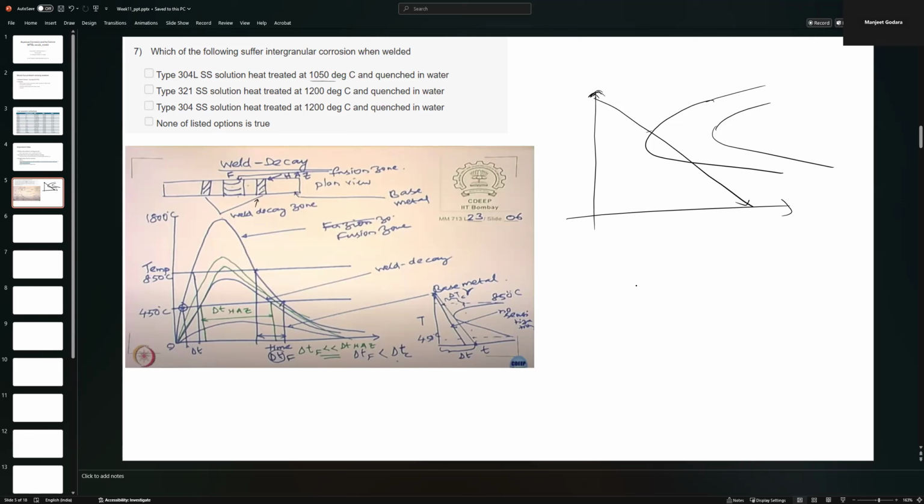If we pass through this zone between 850 and 450 degrees, then at least some amount of carbide would be formed. But in case of low carbon steel, on the TTT diagram, the carbide forming zone would be much further, so there is lesser probability of carbide formation.